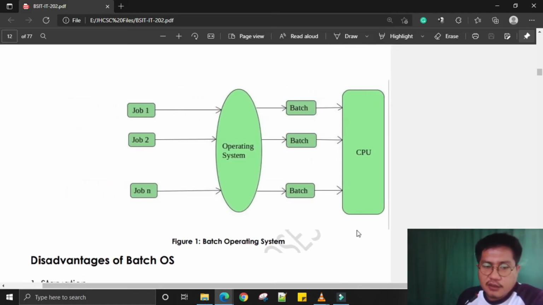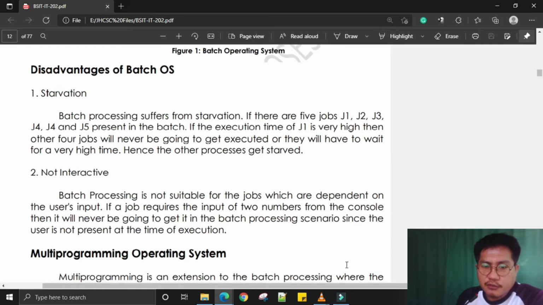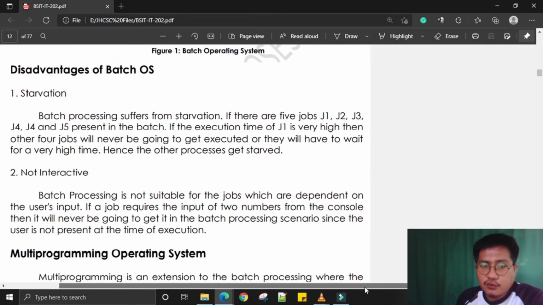But there are disadvantages in using a batch operating system. We have at least two. The first one is starvation. When we say starvation, it is when the first job is taking a lot of time to finish, there will be a tendency that the other jobs, the second to the last job, will not get executed, or they will have to wait a long time.